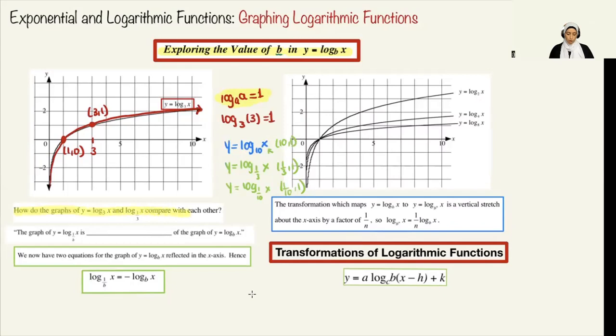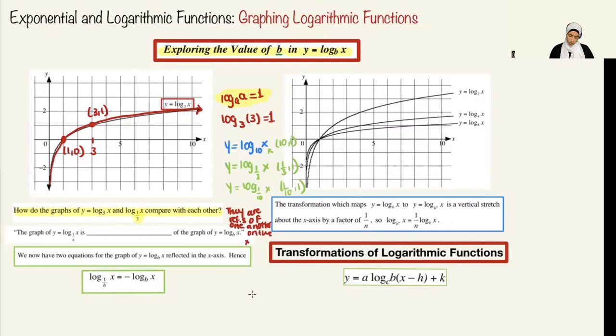How do the graphs of log base 3 of x and log base 1/3 of x compare? Well, they are reflections of one another on the x-axis. Should have left a little bit more space.